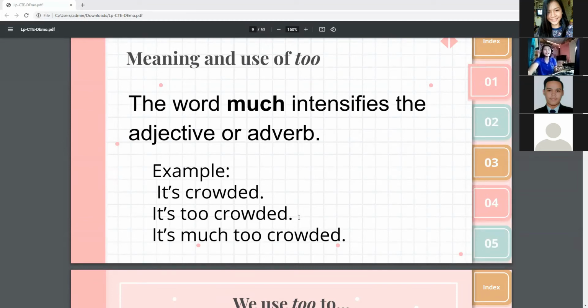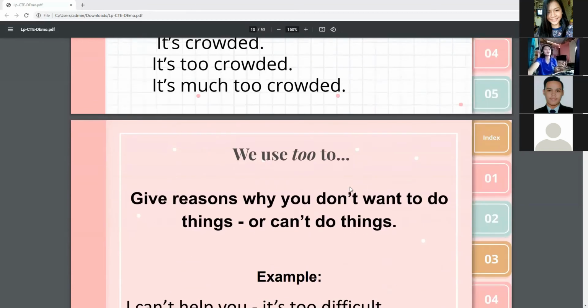It indicates that the number of people in the first sentence doubled. Yes, ma'am. When we add "much", it's much too crowded. It means that the crowd tripled its number. You guys get it? Yes, ma'am.